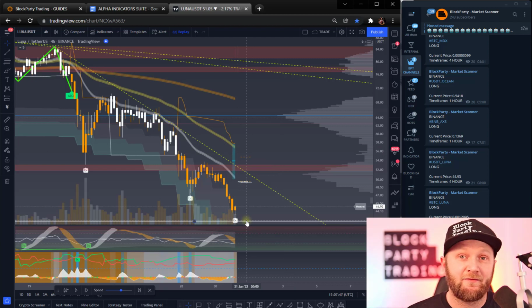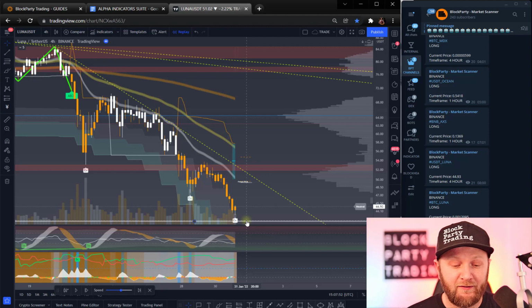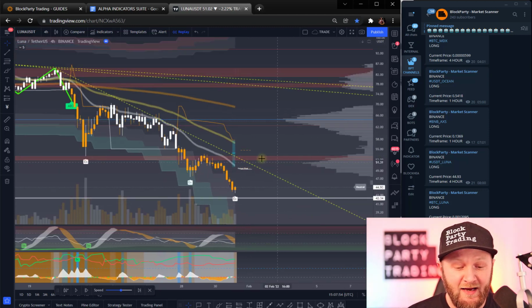And just for the base of this, please check out the Alpha Guide because it gives you a whole range of different methods that you can use for stop losses. You can use anything from exiting the Bollinger Bands.